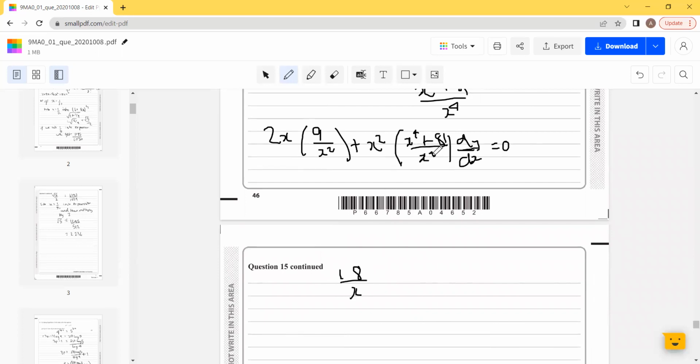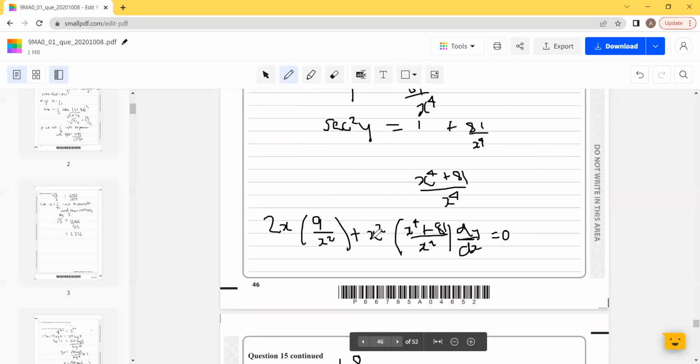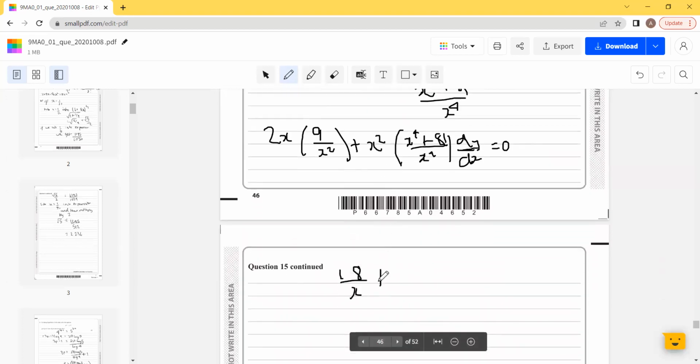Now this term over here, the x squared times x to the 4 plus 81 over x to the 4, this just becomes x to the 4 plus 81 over x squared. If I rearranged it, I could just solve it in one go.